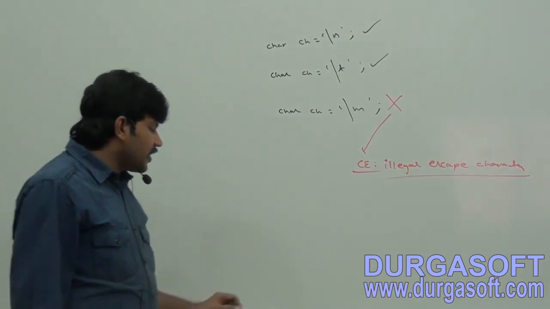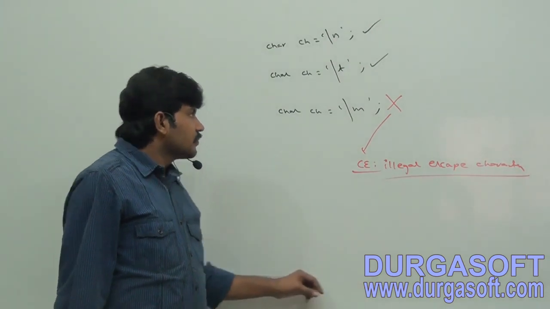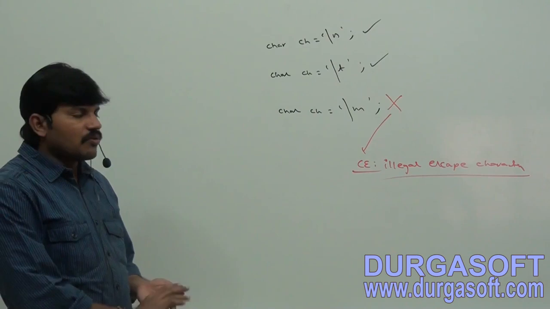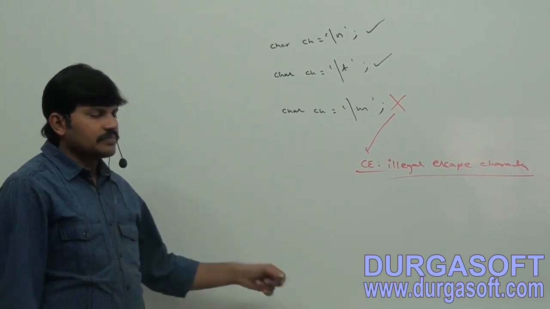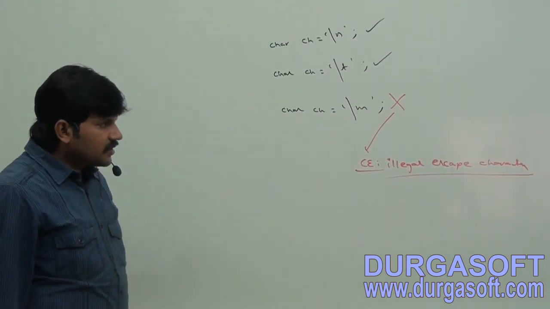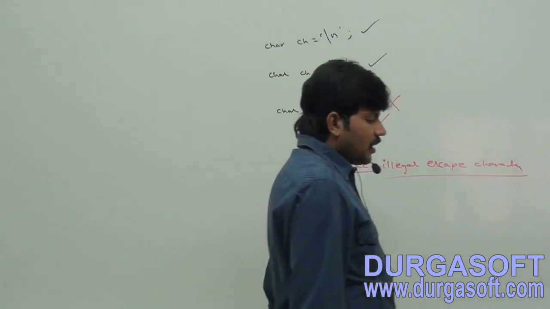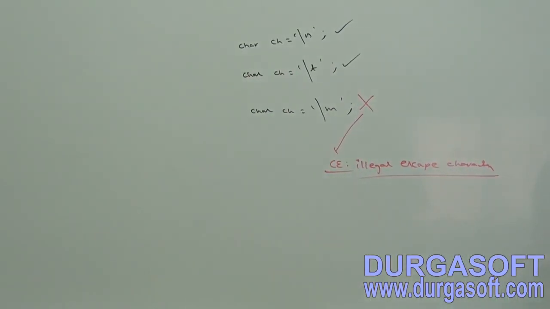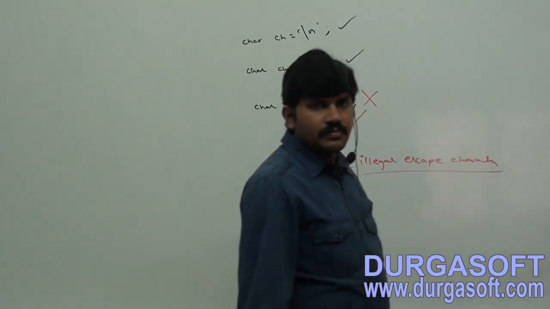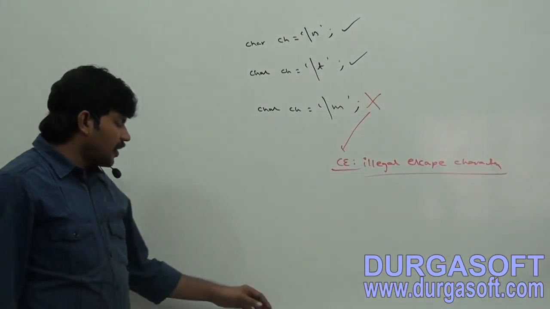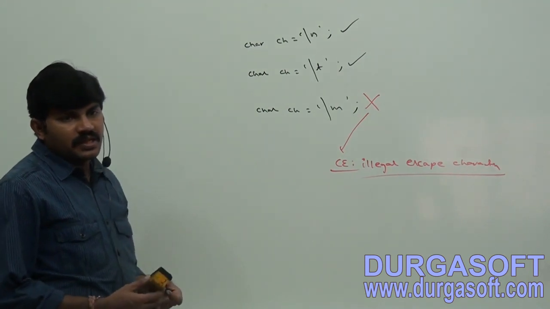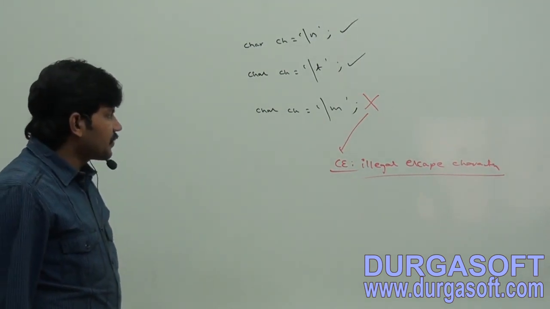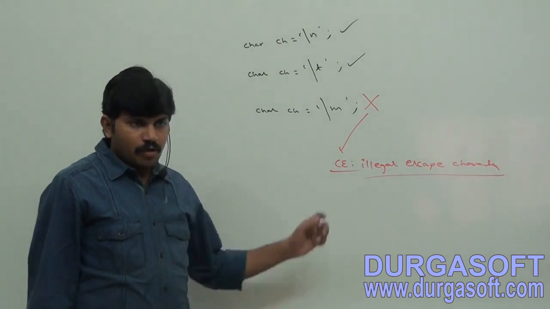Char ch is equal to backslash t. Backslash n, backslash t. Char ch is equal to backslash m. Illegal escape character. Like a compile time error we are getting. Are you getting the point right? Now I hope clear, right?